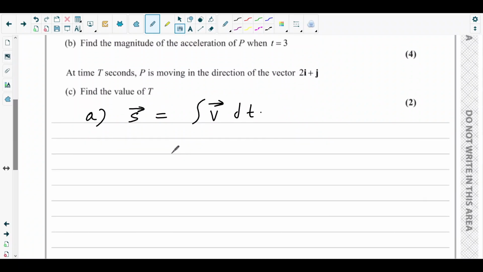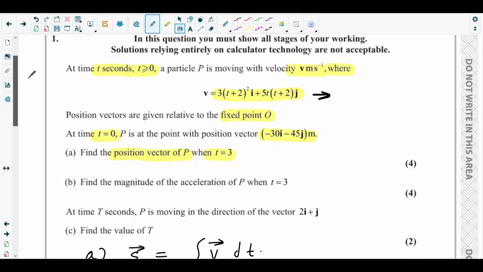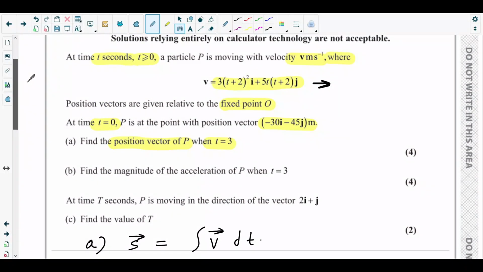So the position vector would be the integration of the velocity vector. Let's expand the i and j components of the velocity vector.